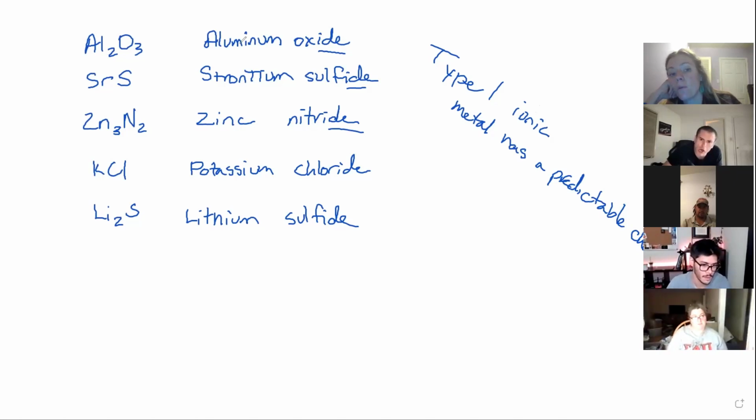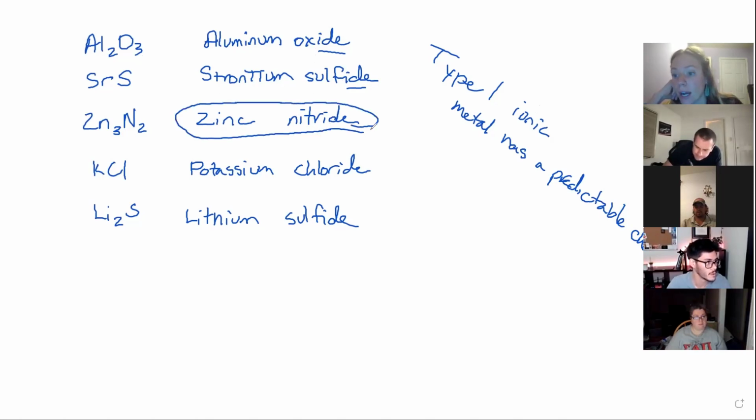Why? Well, when a scientist writes a name, they want to put as few characters down as possible. They want to be able to represent it as simply as they possibly can. So do they need to put that there are 3 zincs and 1 nitrogen? No, because if I wrote this, zinc nitride, could I get back to this formula?